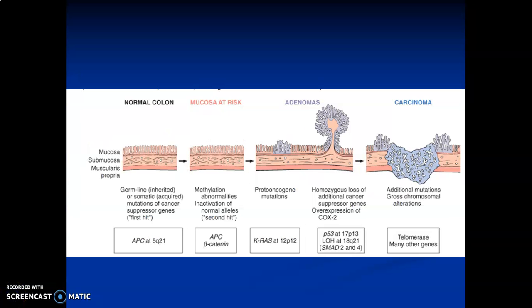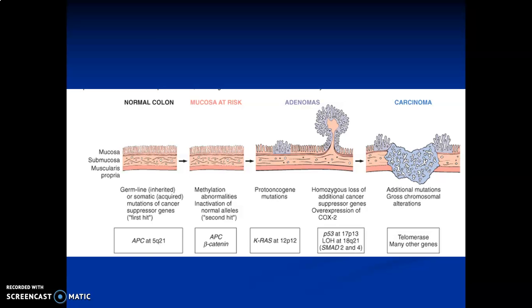So this is the diagram showing how the normal colon evolves into adenomas and further into carcinomas. On the extreme left side, this is the normal colon, which further leads to hyperplasia of the colon, adenomas and carcinomas due to molecular alterations.